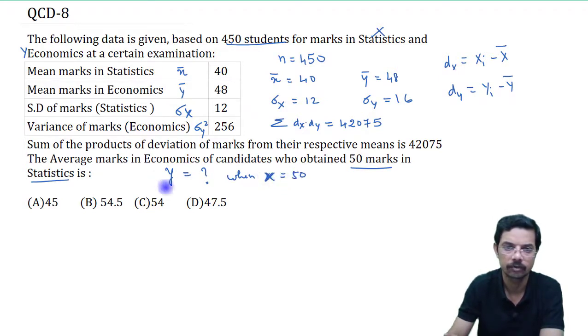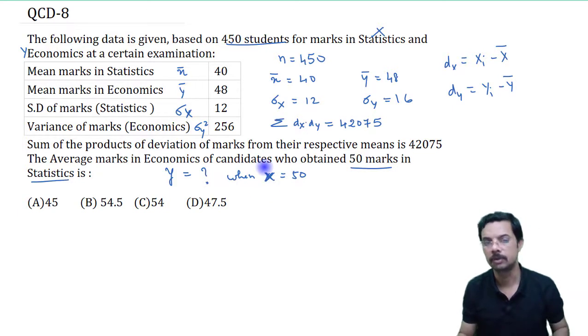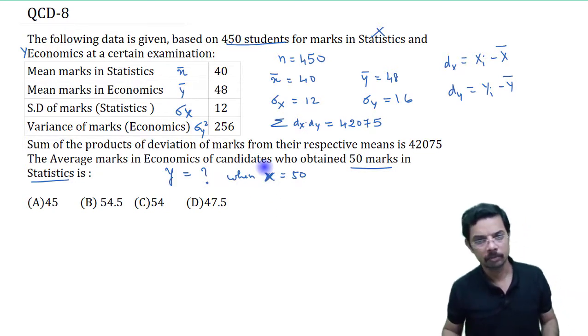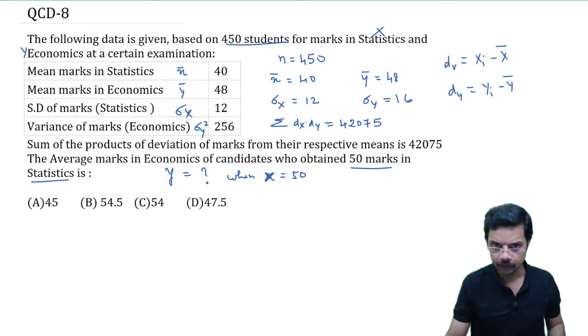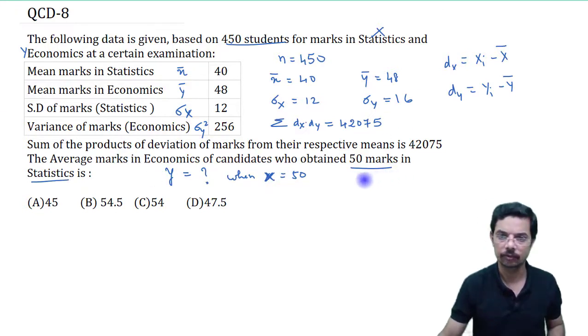What would be the marks in economics when the marks in statistics are 50? This is a kind of regression analysis problem. So we need to find the equation of y on x. We are focused on y on x type regression.